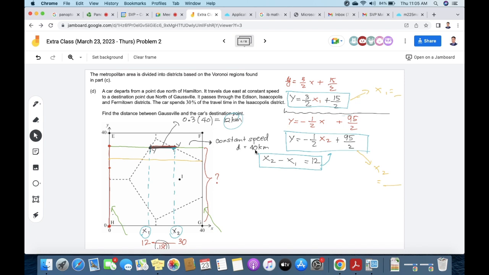And then once you're done, you can tell me what the expression for the x sub 1 and the x sub 2 is, so we can confirm.